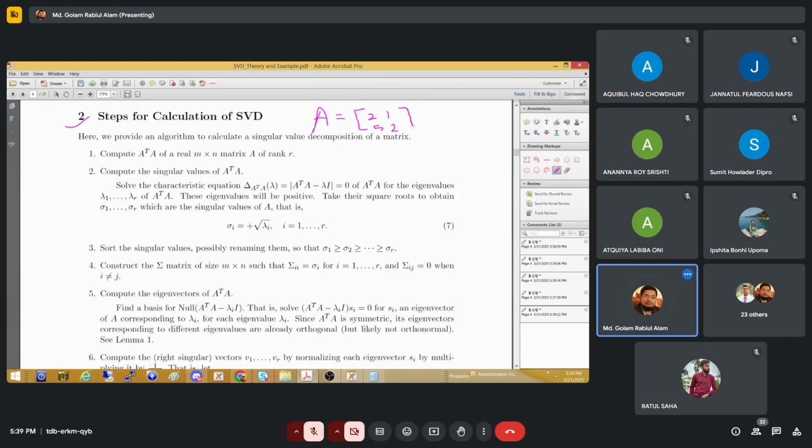And if we think about one vector X, that is also something like 1, 2. Consider this one.